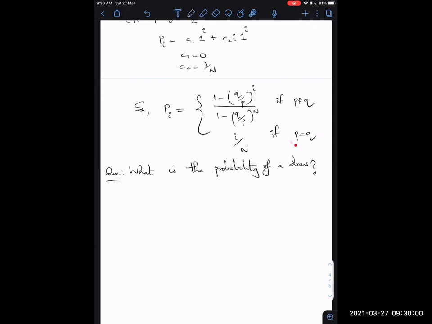If P equal to Q, what is the probability for a draw? So there are two players, and we have only calculated for I. Player A starts with I dollars, if you remember, and player B starts with n minus I dollars. And my question is, what is the probability of a draw?